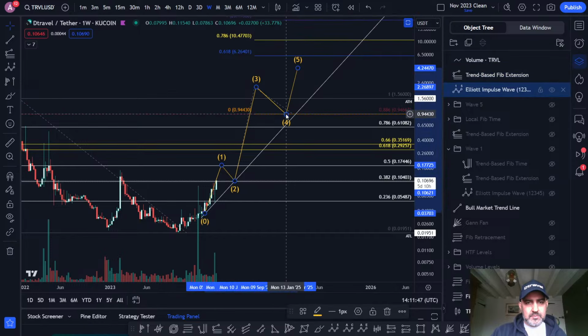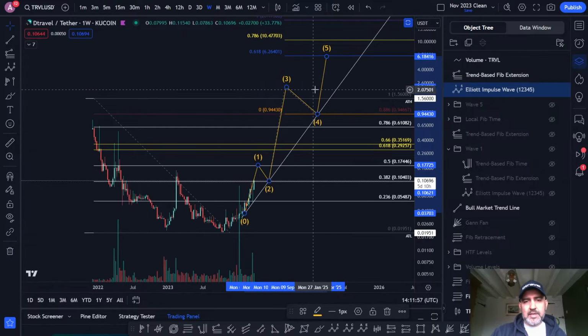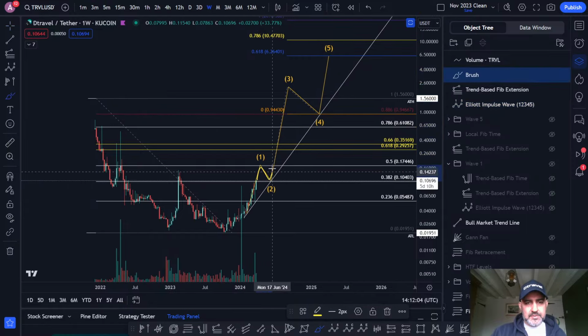So could you push up? If it comes back down to the trend line, just keep on bouncing off this trend line. Bounce, bounce, and bounce, just keep on bouncing.